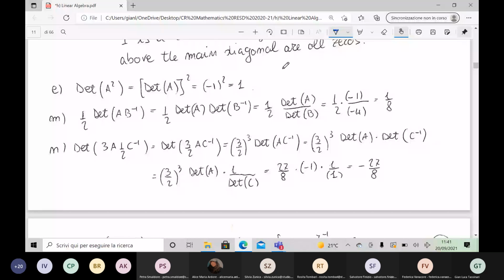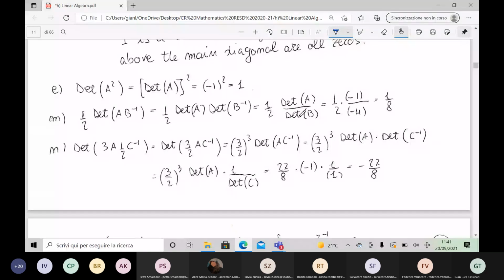But saying the determinant raised to the minus 1 is like saying 1 over the determinant of B. In other terms, guys, remember, the determinant of B to the minus 1 is the reciprocal of the determinant of B. So 1 over determinant of B. Then substitute, because we have already computed these, do the computation, and you get 1 over 8.